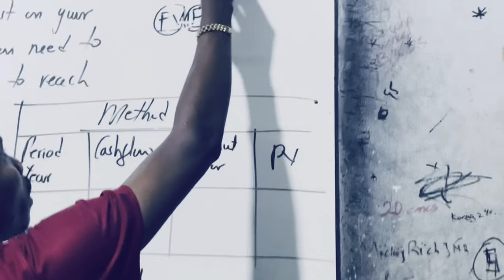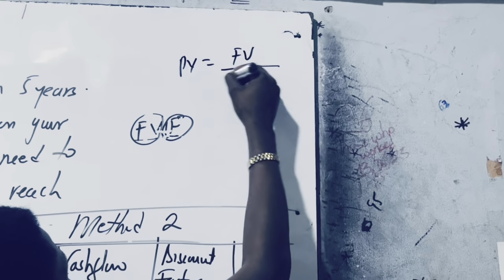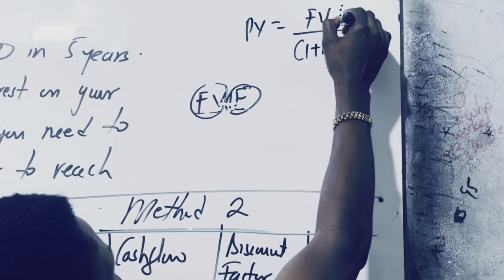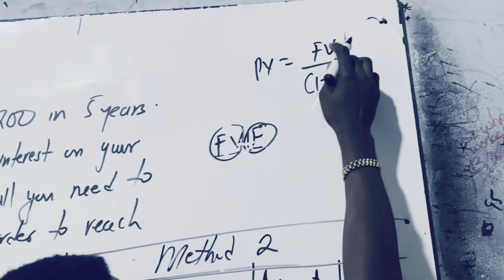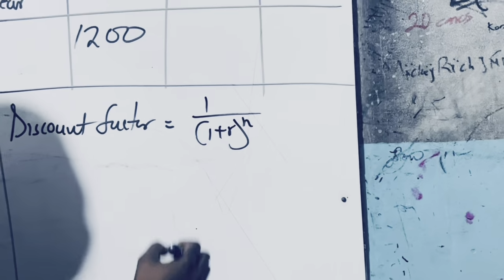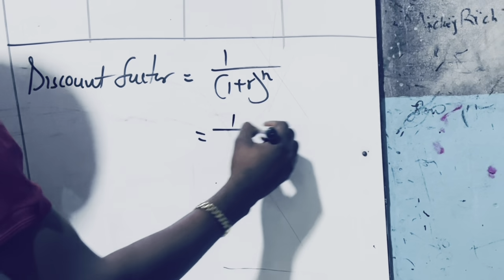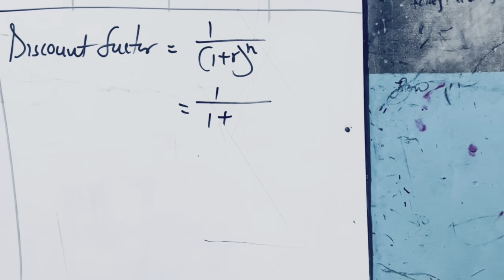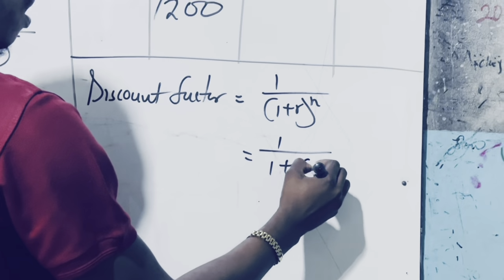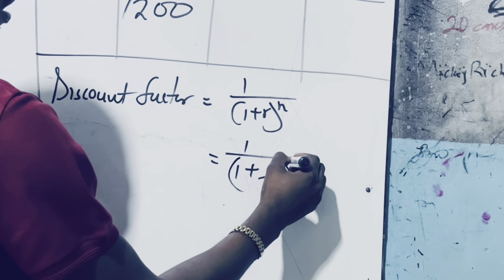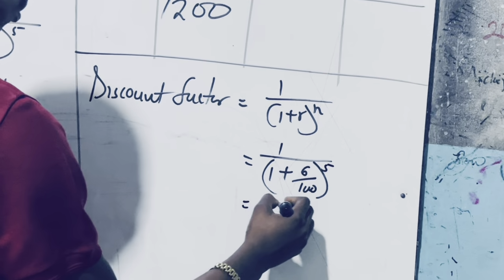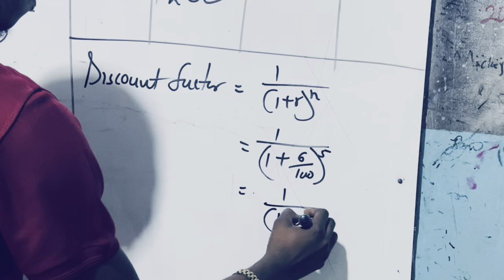So if the formula for present value is future value over 1 plus r raised to the power n, then the discount factor is 1 over 1 plus r raised to the power n. So our r is the rate, 6%, which is 6 over 100, raised to the power how many years? 5. So we have 1 over 1 plus 0.06.